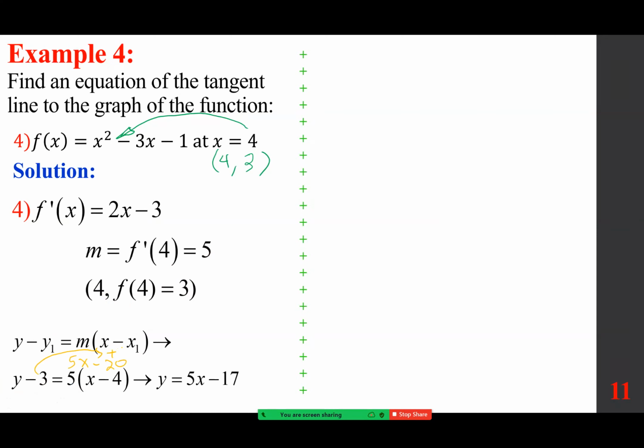If I add 3, it results in the tangent line y equals 5x minus 17. By the way, the pair belongs to the function as well as the tangent line, so it should work out here too.